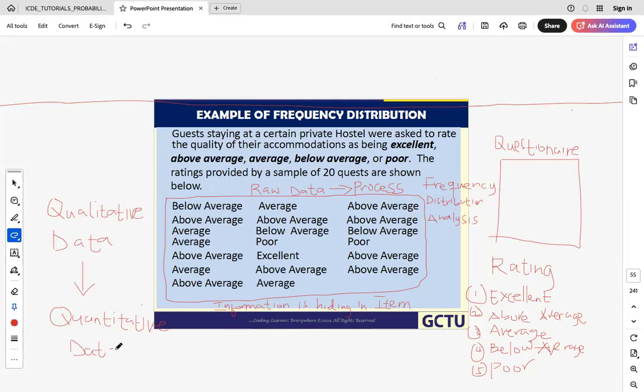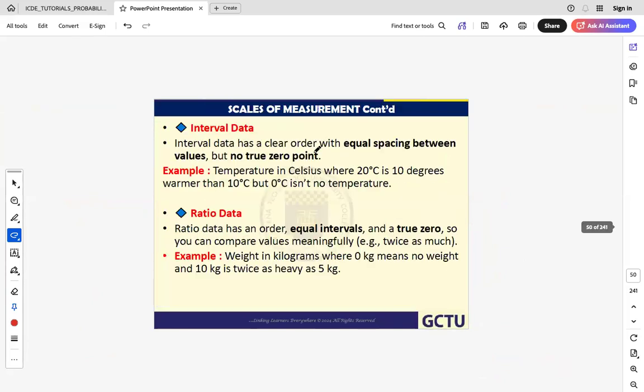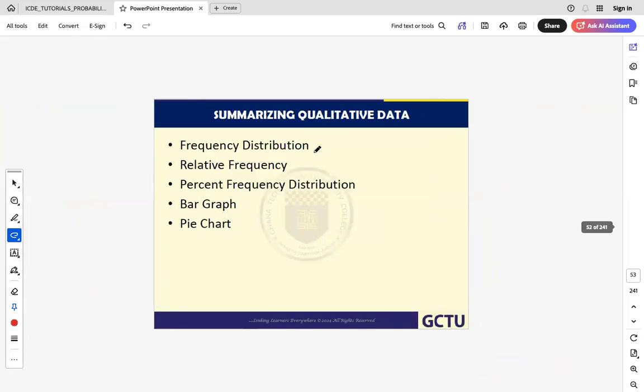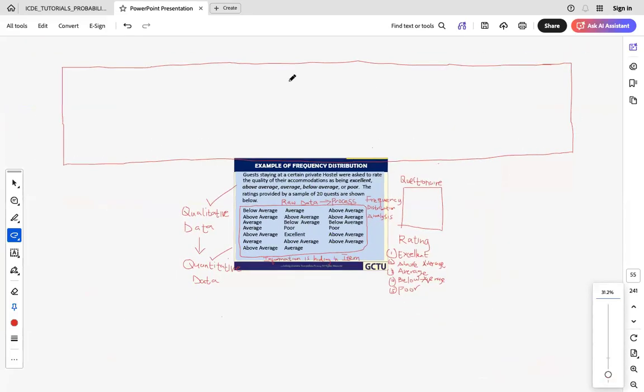And I want to prove to you that the technique we are using today can work for both qualitative data and quantitative data. So let's start with this qualitative data. So with the table, let's start from the first column like we did.